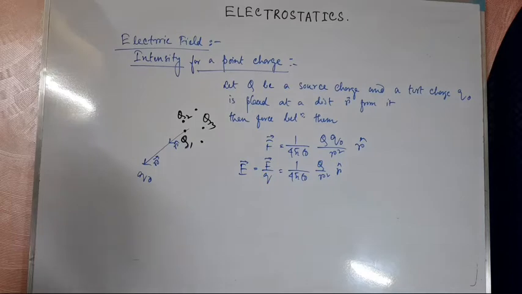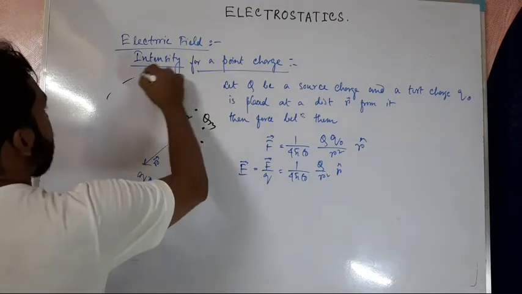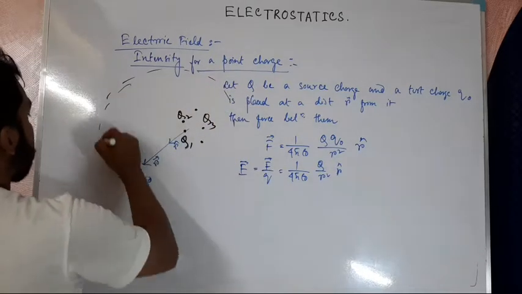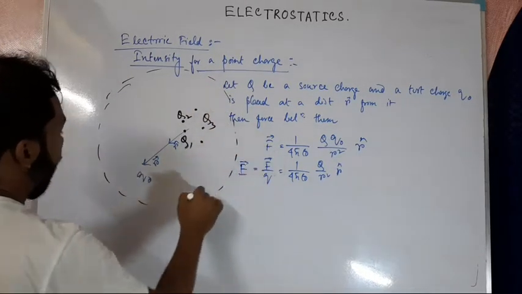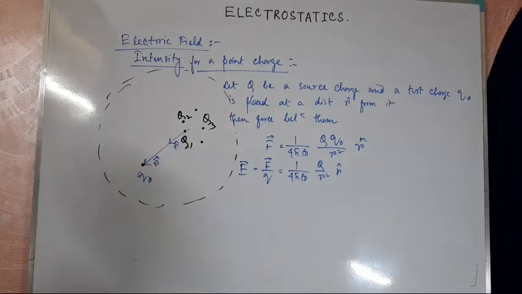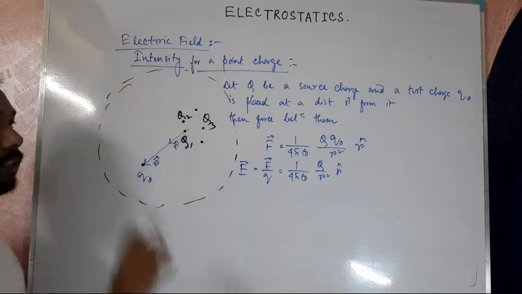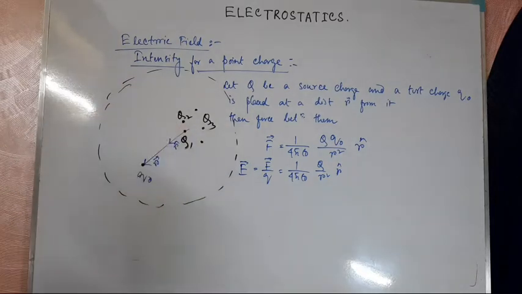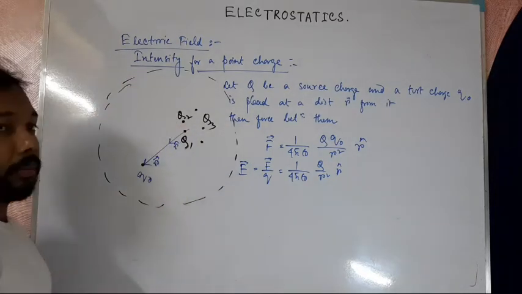Now they have produced a field, and within that field we bring a test charge Q0 at a distance r from the configuration, or at the very central position of the configuration, the center of mass of the configuration.